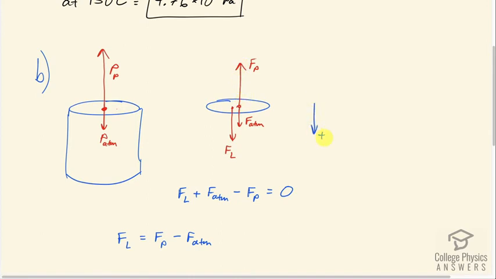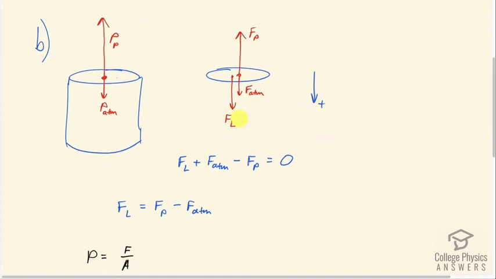I'm taking down to be positive, just because I want to have a positive answer for the force due to the lid. So the force due to the lid plus the force due to the atmosphere, both positive downwards, minus the force due to the pressure inside, minus because it's in the negative direction, which we're taking to be up, unconventionally here, but that's just what I chose to do. And all of that equals 0.